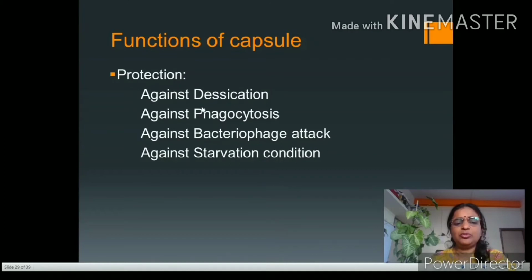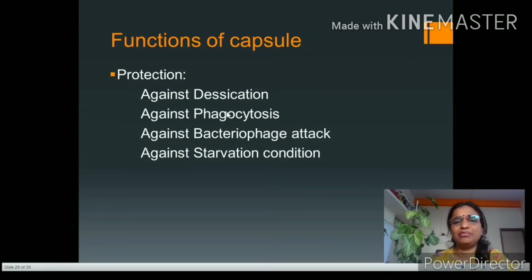Now the next function is protection against phagocytosis. All of you know what phagocytosis is. Phagocytosis is a phenomenon operated in the blood. It is the engulfment of any foreign material entering the blood by WBC. What happens when a capsulated organism enters our blood by bypassing the first two lines of the defense mechanism? Then WBC phagocytize this bacteria. But what happens if capsules are present?